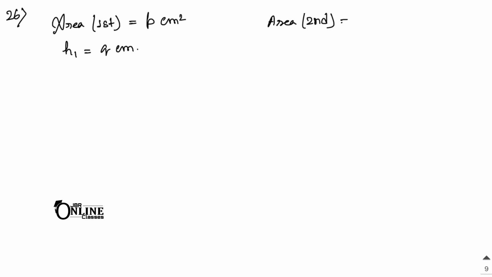Now sum number 26. The area of a parallelogram is P centimeter square. So the area of the first parallelogram is P centimeter square, and its height, suppose this one is H1, so H1 is Q centimeter. A second parallelogram has equal area. That means the area of the second one is also P centimeter square.